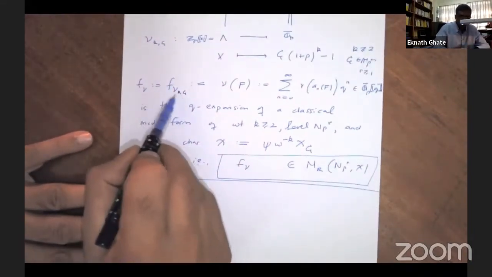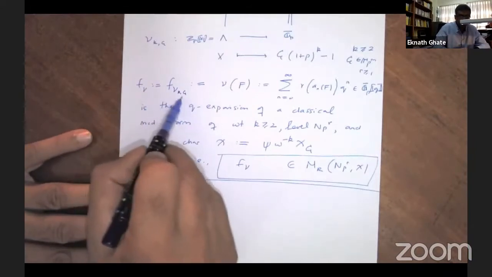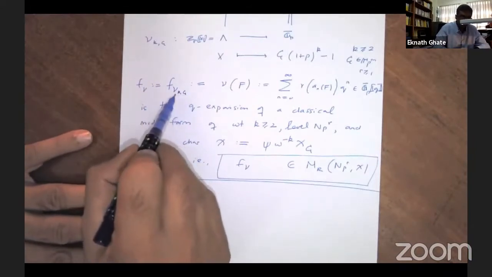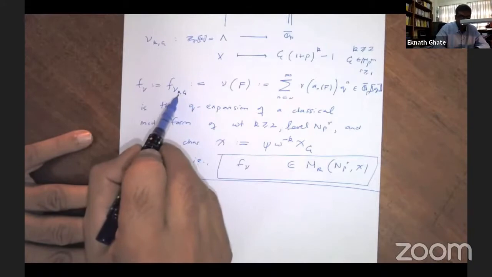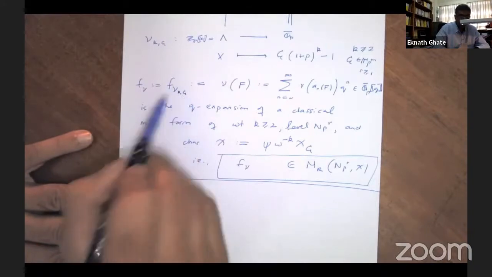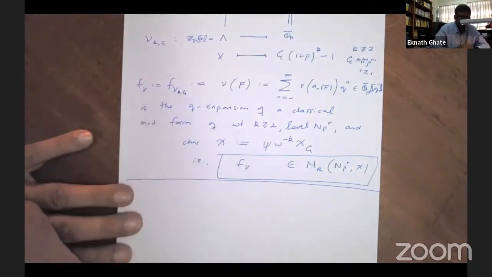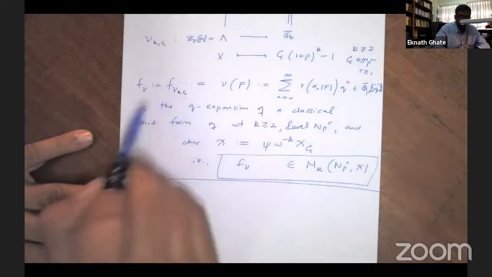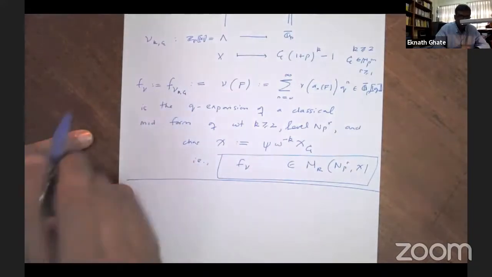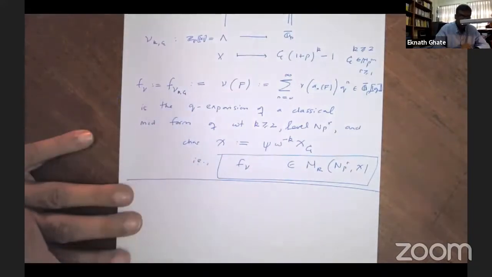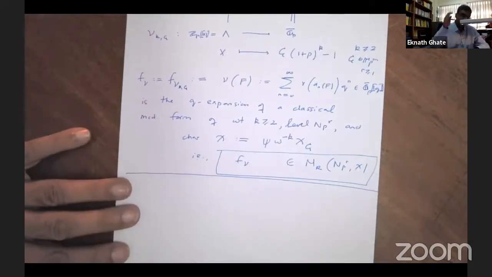This is a little imprecise because it actually depends on nu, which is a finite extension of this. But if you take zeta to be 1 and you take k to be 2, 3, 4, 5, then this f nu 2, 1 is just f2 from yesterday. And f nu 3, 1 was f3 from yesterday, and so on and so forth. Okay? So yesterday I had taken the zetas to be 1.